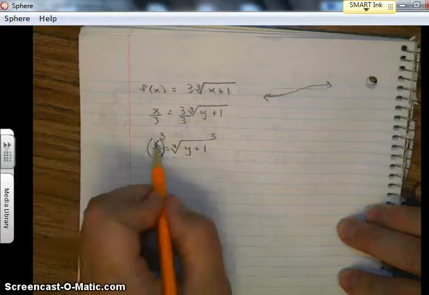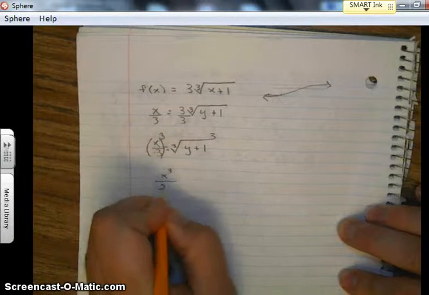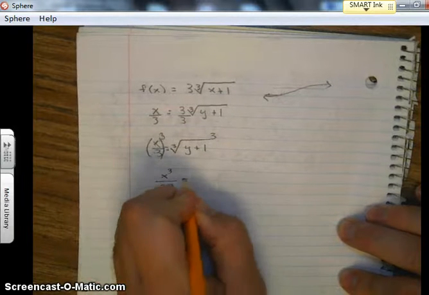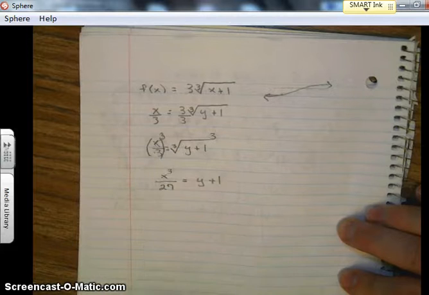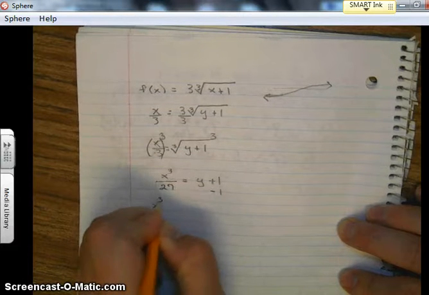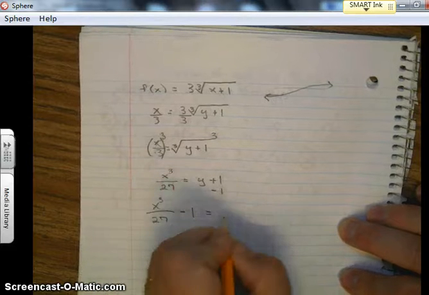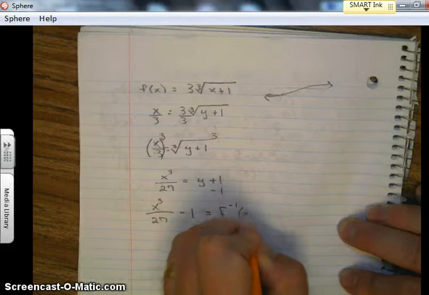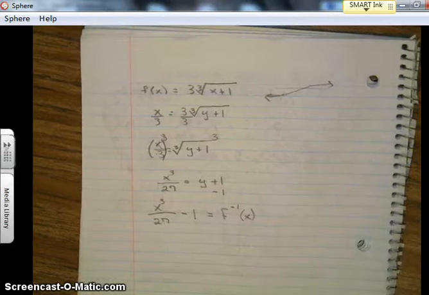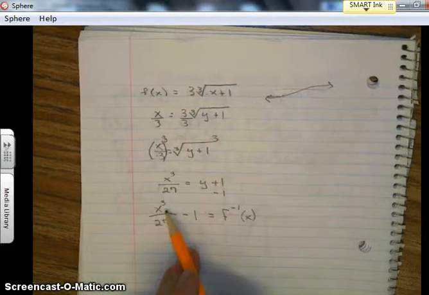So here we get x cubed over 3 cubed, which is 27. Subtract 1 on both sides. So we're going to have x cubed over 27, subtract 1, and that's going to be our inverse function. Notice the inverse of a cube root is a cubic function.